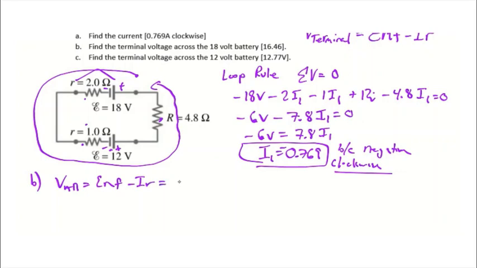So for us, our electromotive force is 18 minus 2 times our current, which was 0.769. And when we do that, we get 16.46.